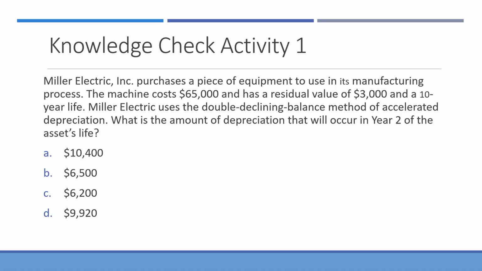We get 20% per year of depreciation. Then we're going to multiply the total cost, not the depreciable cost, the total cost by 20%. So 65,000 times 20%. Can anybody tell me what this is?